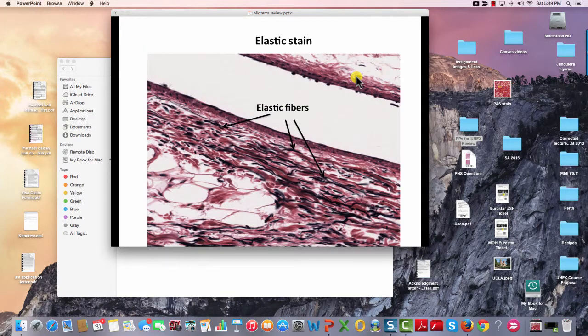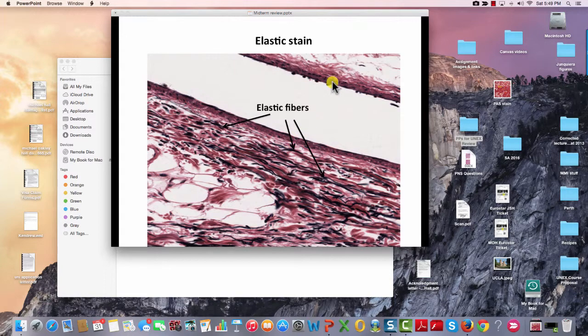And finally, elastic stain is a very easy one to see. One has lots of elastic in the connective tissue, particularly underlying skin, underlying blood vessels, and it stains these elastic fibers a very dark black color.